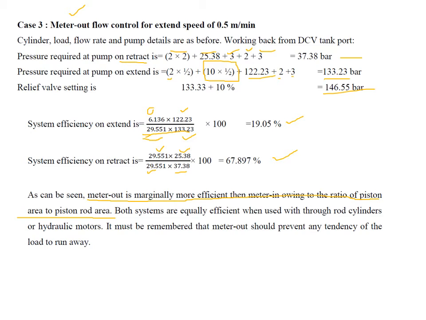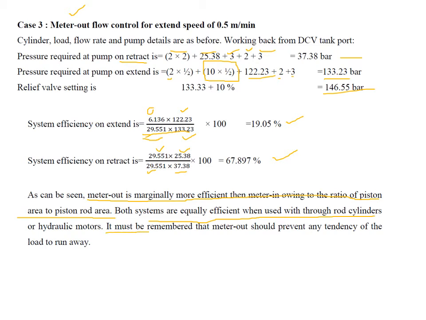So the actuator is not subjected to high pressure during the meter out arrangement. That is resulting in higher efficiencies. Both systems are equally efficient when they are used with a rod-less cylinder, that means if there is no difference in the actuator area, which is rarely the case, so naturally there will be a difference in the efficiency.